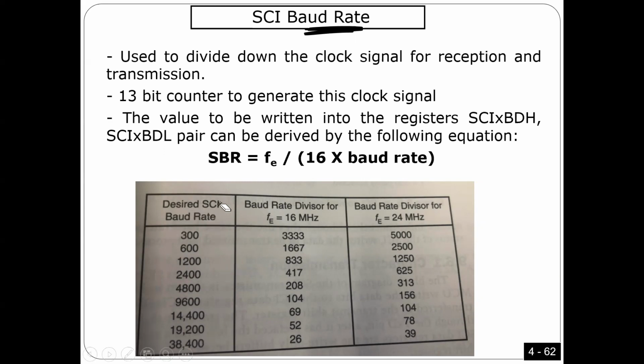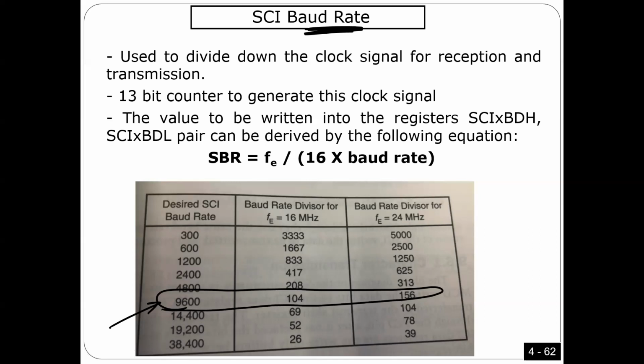I think most of the people use this one, maybe because it's somehow standard. So this is if you want to use this baud rate. You should understand what I mean by baud rate. Baud rate means the speed of the transmission. If I select this baud rate, for sure the transmitter and the receiver should have the same speed.